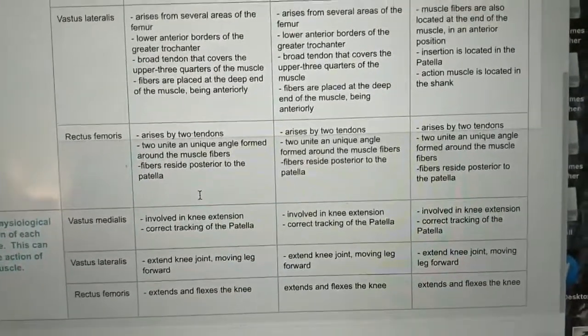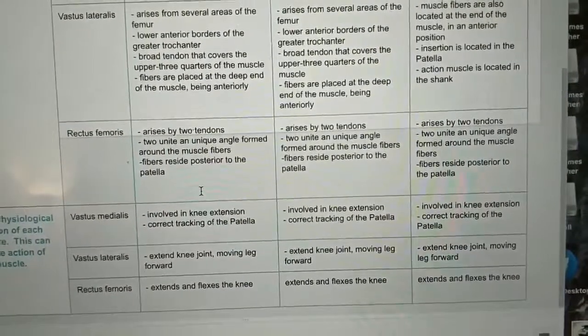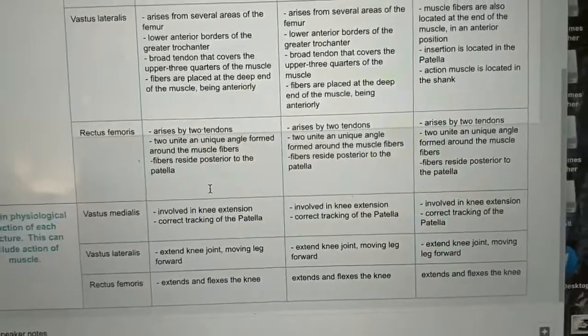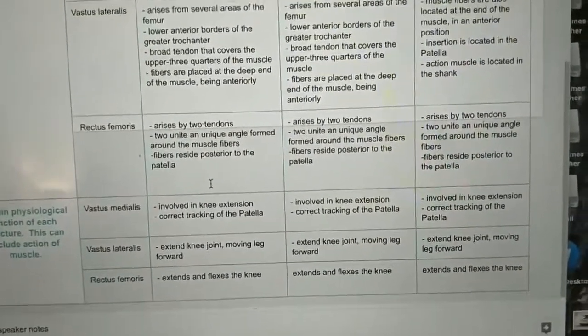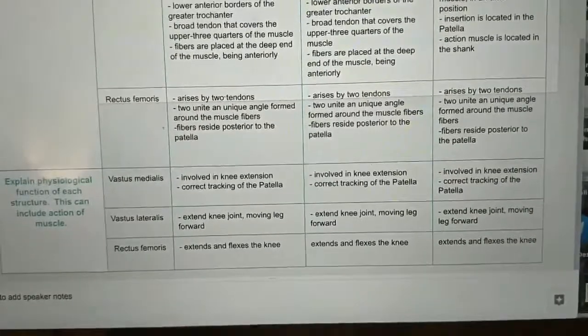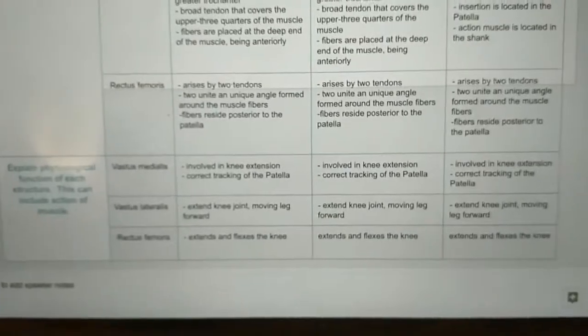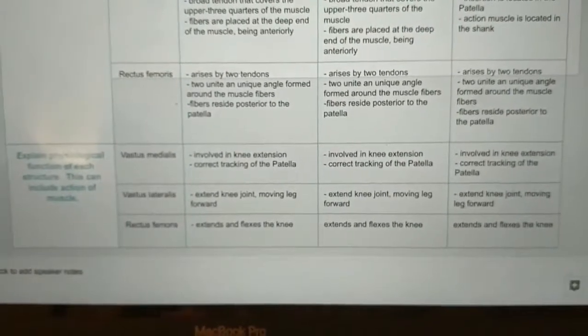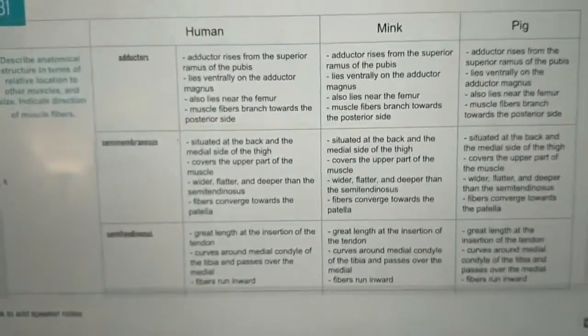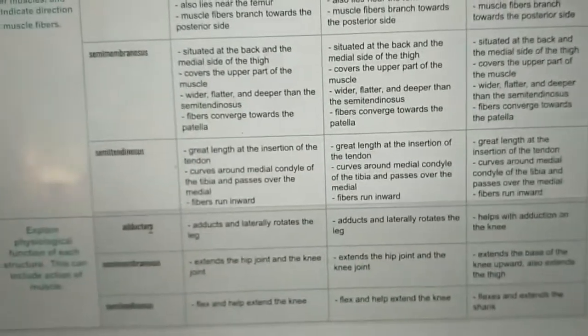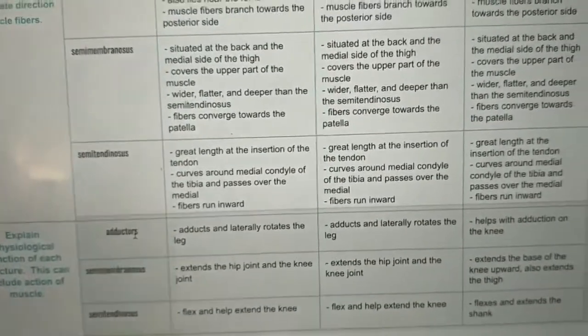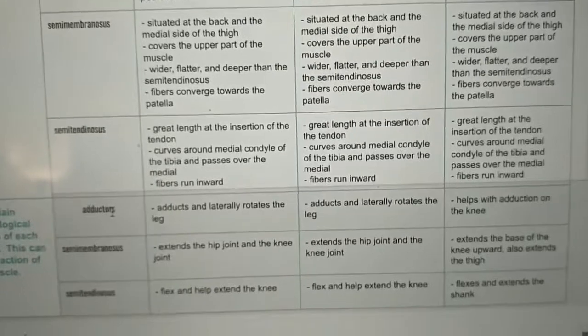These same kinds of physiological functions are present in both the pig and mink, which doesn't reveal a lot about the environment and may show that a lot of their muscles do in fact work together to some extent.